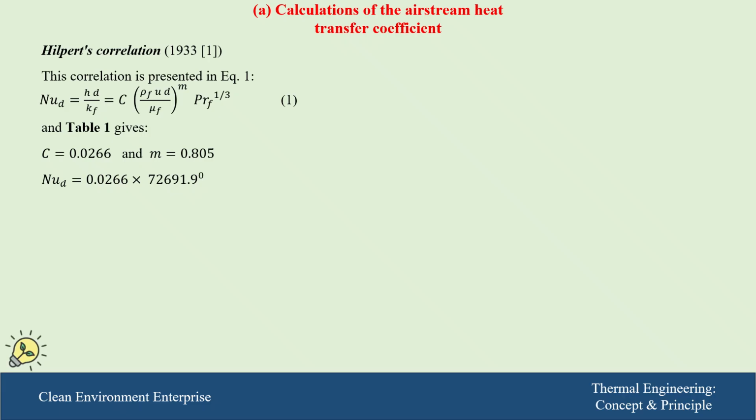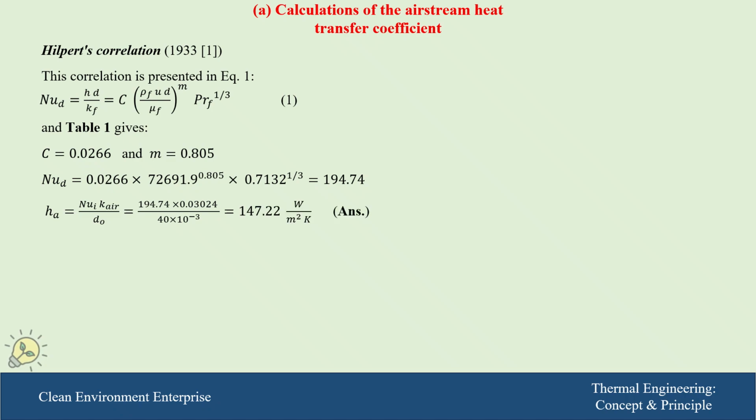Substitute these values in equation number 1. The Nusselt number will be 194.74. And from the definition of Nusselt number, we may get the air heat transfer coefficient to be 147.22 watt per meter square Kelvin. And this is the answer when we use the Hilbert correlation.